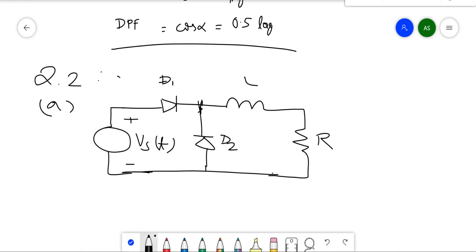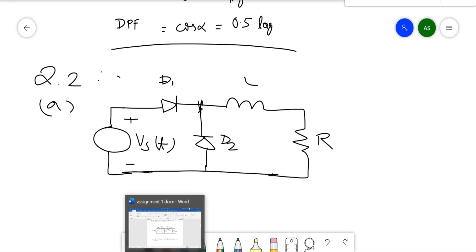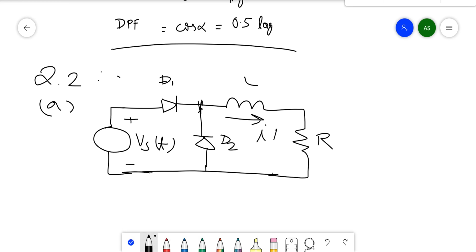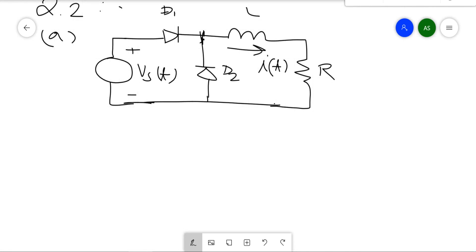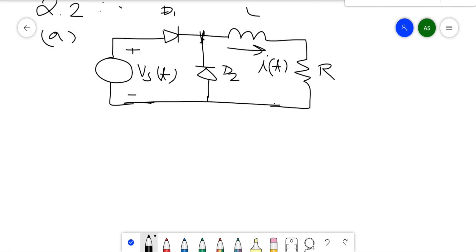So if the diode D1 is forward biased, how will the current be? The current through the inductor, this current IT, will increase because then the inductor will be connected to the supply. Okay. So suppose diode D1 is forward biased, and as a result diode D2 will be reverse biased.